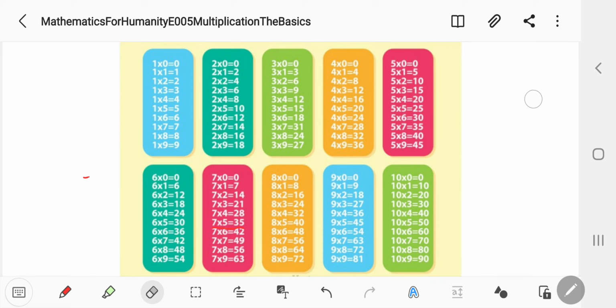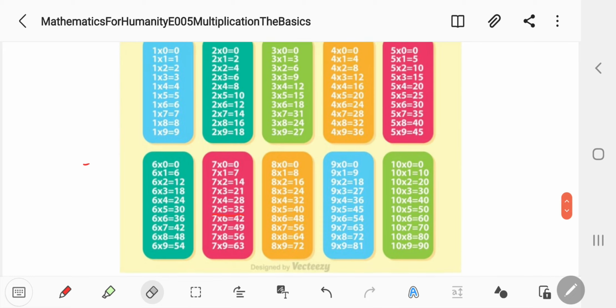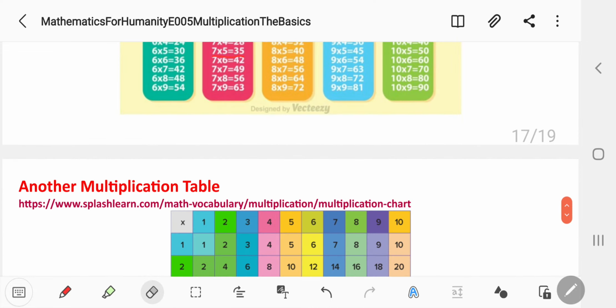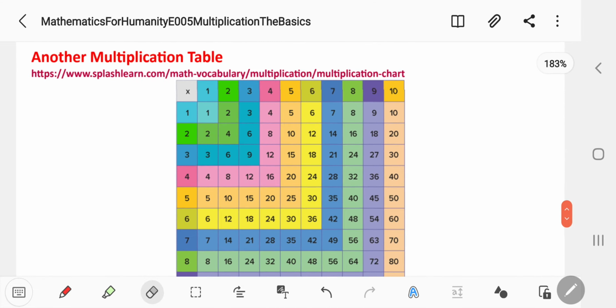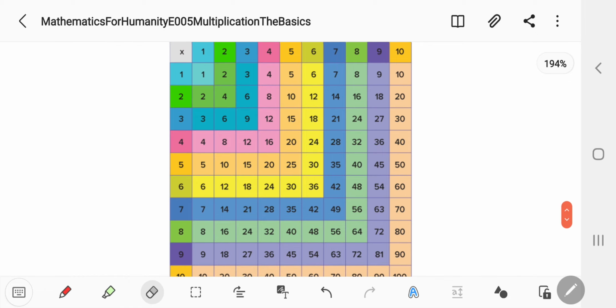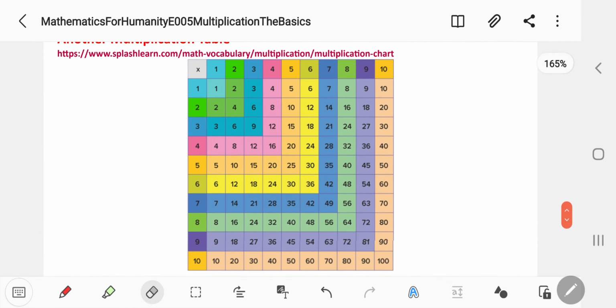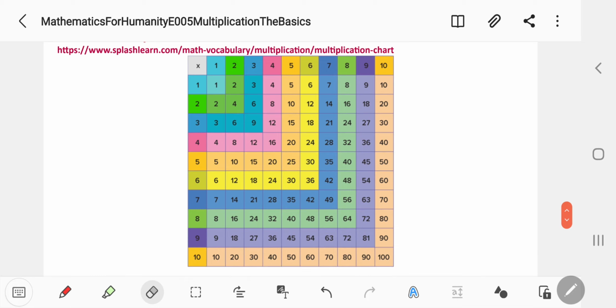So you have another type of multiplication table here, which I can show you. Here you have a square or a grid that has numbers.